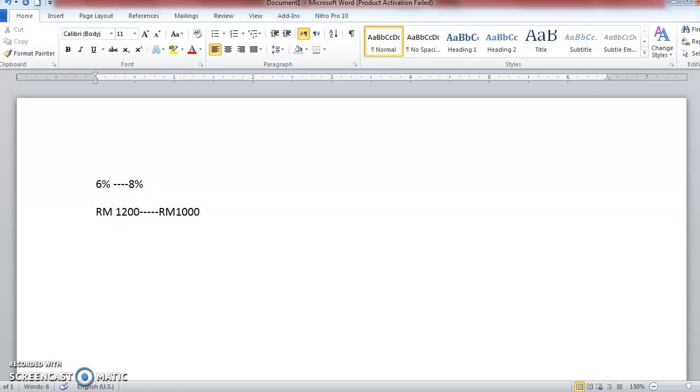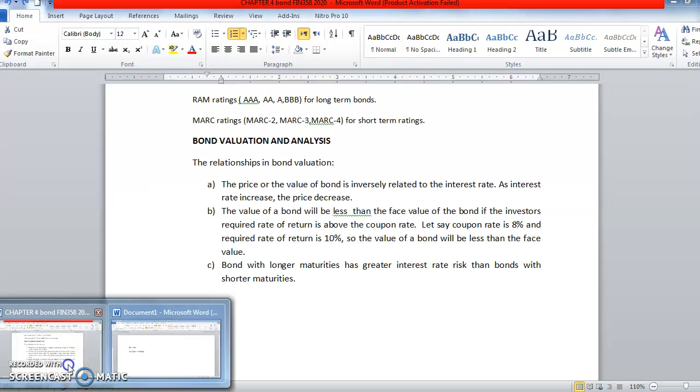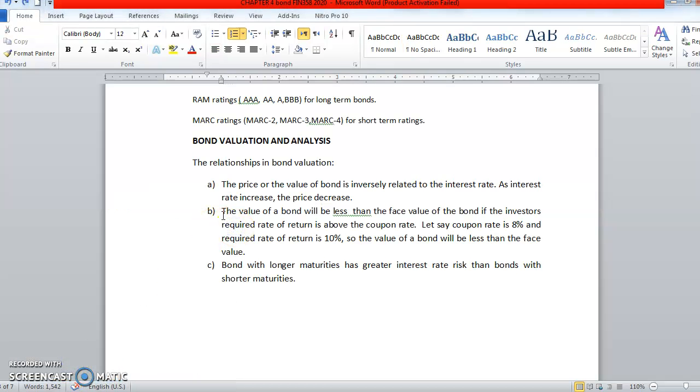So this is a kind of vice versa relationship between the bond price and the interest rate, right?